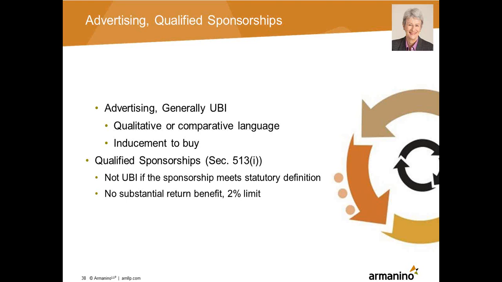And remember that among other things, advertising contains qualitative or comparative language, an inducement to buy, etc. There is a specific carve-out for something called a qualified sponsorship payment. And Congress has said that if you meet the definition of a qualified sponsorship payment, the revenue from that payment is not going to be treated as unrelated business income.